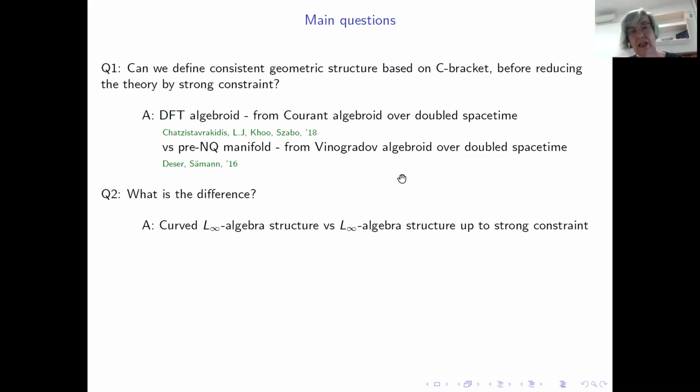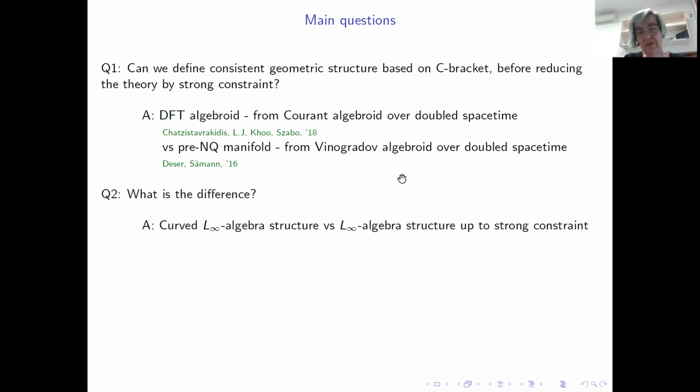And in our construction, we actually did the same starting point. It's just that, honestly, when we were writing the paper with Thanasis, Peksen, and Richard, we just didn't think about Vinogradov. We just started with the Courant algebroid over double space-time, but this is the same thing. And we obtained basically the same set of geometrical data, which we interpret as a DFT algebroid.